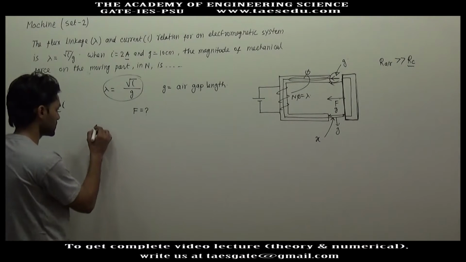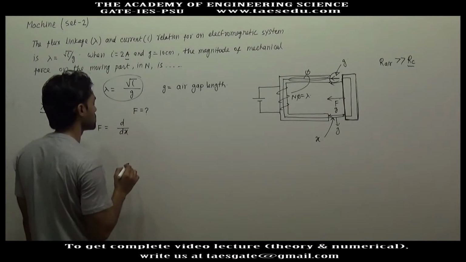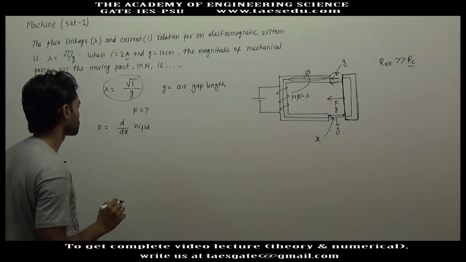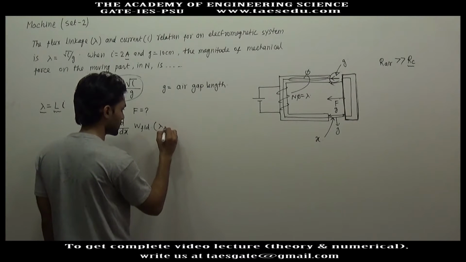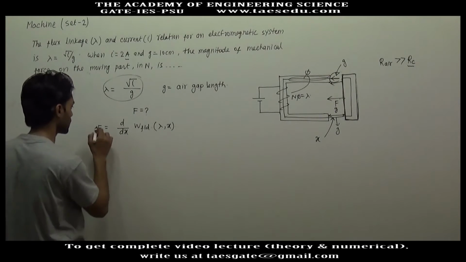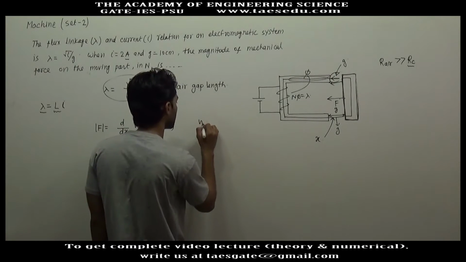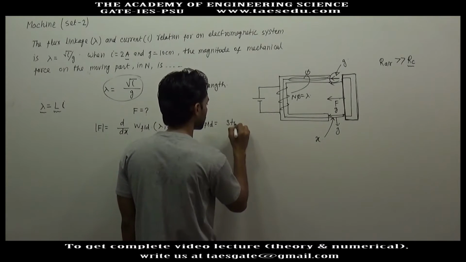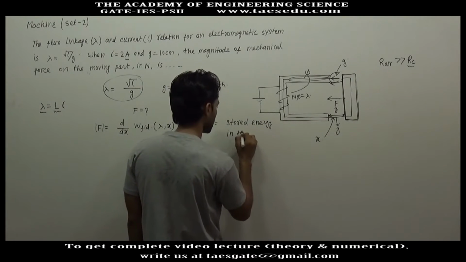The formula for force is d by dx of the stored energy in the field, which is a function of total flux linkage and position x. The magnitude of force is given by this formula, where W field is the stored energy in the magnetic field.